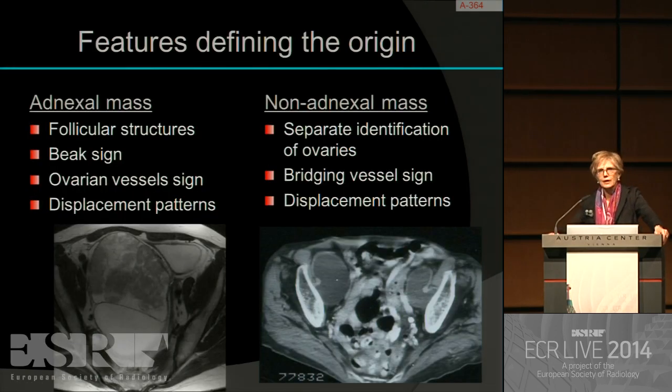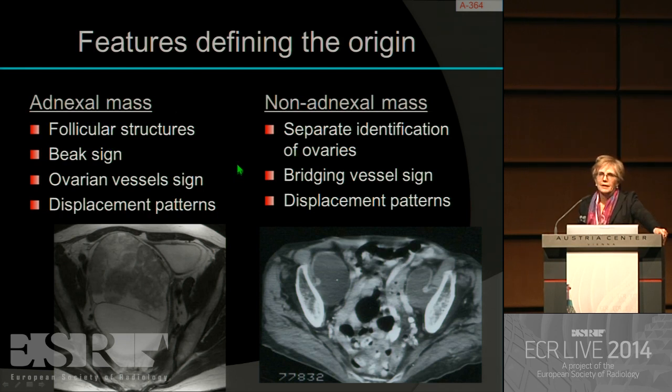But unfortunately, it's not that clear all the time, and this is when we should try to achieve a more systematic approach. And there have been features that assist us to differentiate masses that are of adnexal origin from those that are of non-adnexal origin. And what we look for is demonstration of the ovaries, usually within the periphery of the lesion, or the ovary separate.